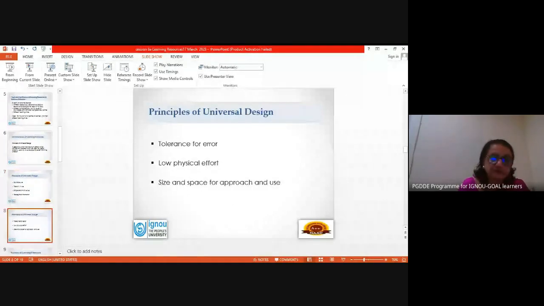Another aspect is that there has to be, almost to the best of ability, zero error tolerance, so that in terms of the appropriateness of the design, it should be without any faults. There should be no error in it, so that it is able to include everybody.